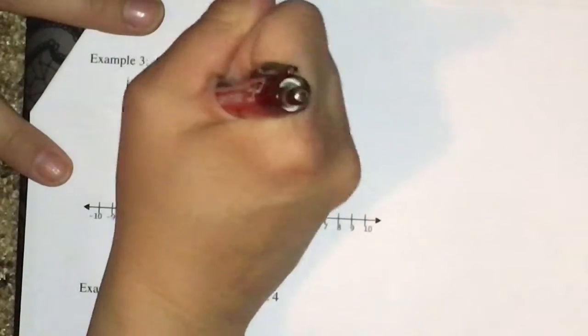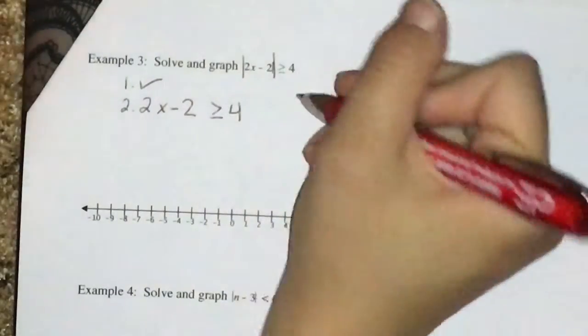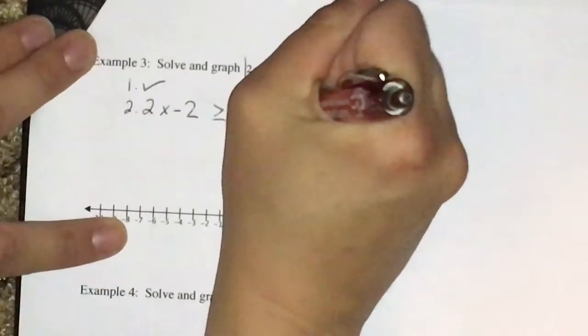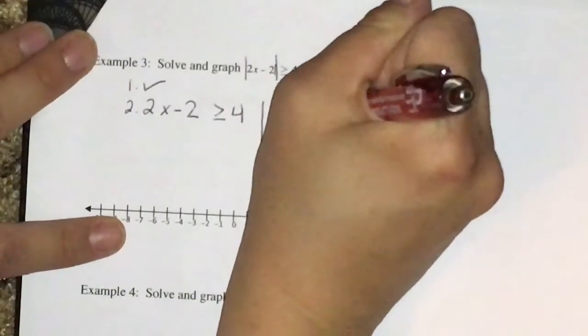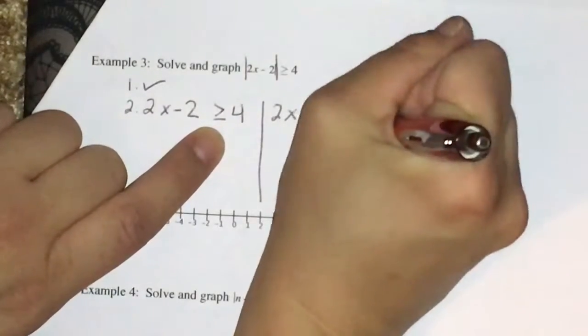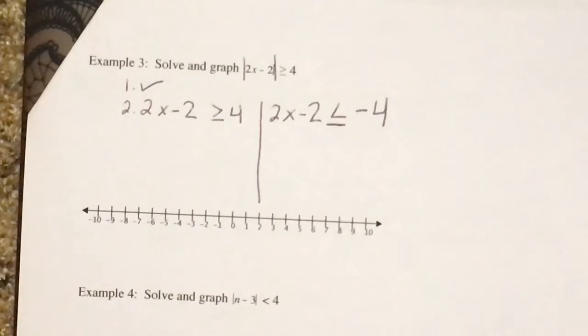So the first one will be 2x minus 2 is greater than or equal to 4. Remember, the first one is always going to be the exact same. The second one, you're going to write the first part the same, flip the sign of the inequality, and flip the sign of that resulting number as well.